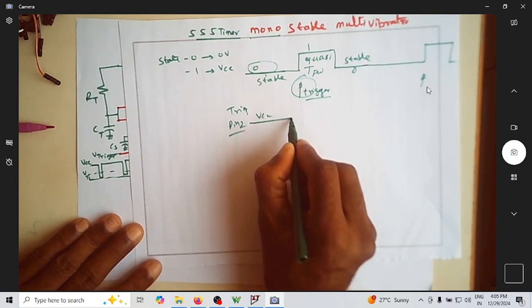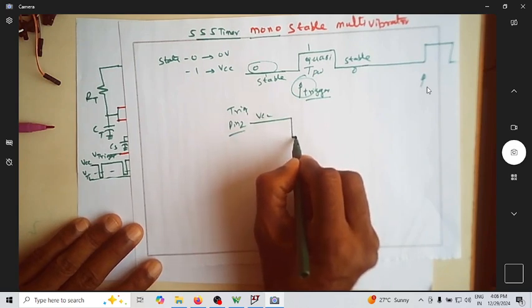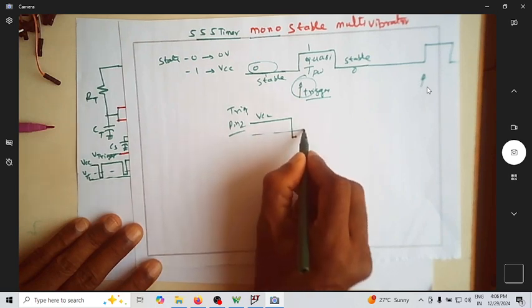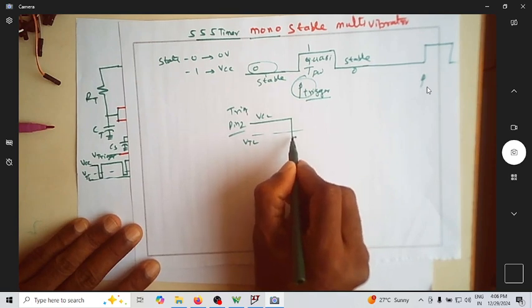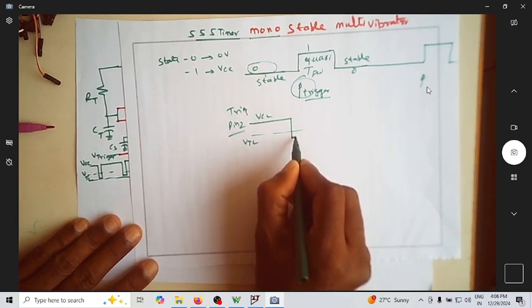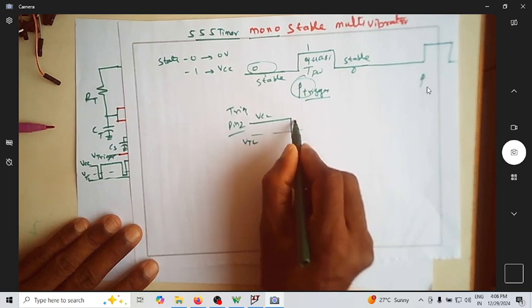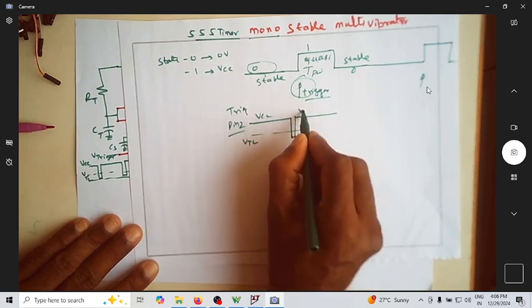If you want to trigger, the voltage has to go below VTL. Suppose this is your VTL value; if it goes below VTL, this is called a trigger. So it will get triggered. Once it triggers, let it go back to the state of VCC.